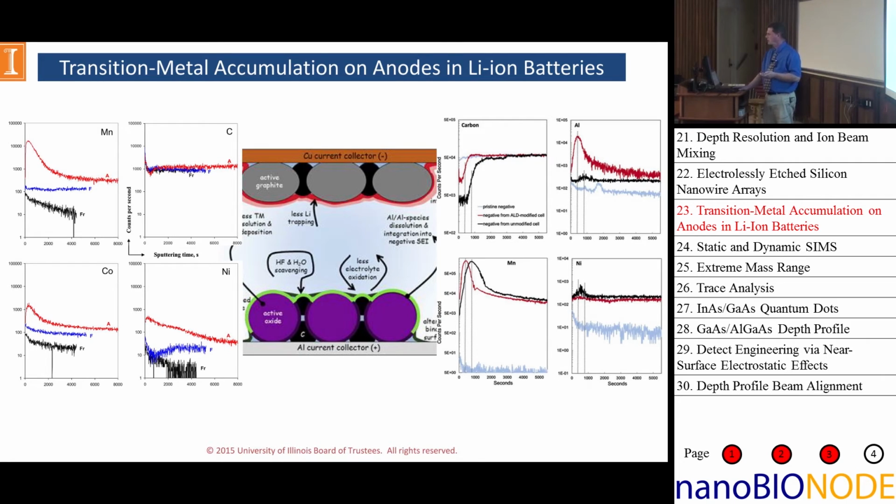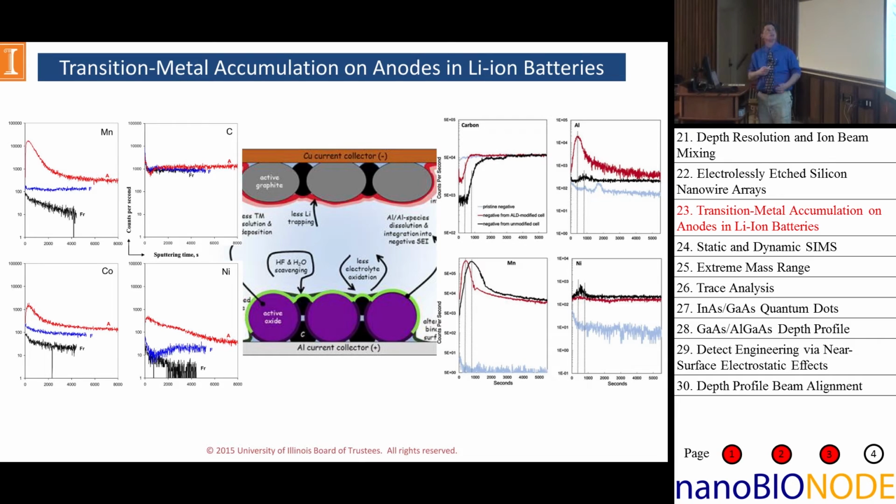One problem they've been having with making these batteries work longer and better and move charge back and forth is that there's an impedance rise at the negative electrode up here, the graphite part. So what was causing that? We did some SIMS work initially, and we followed the manganese, carbon, nickel, and cobalt to see what was going on.